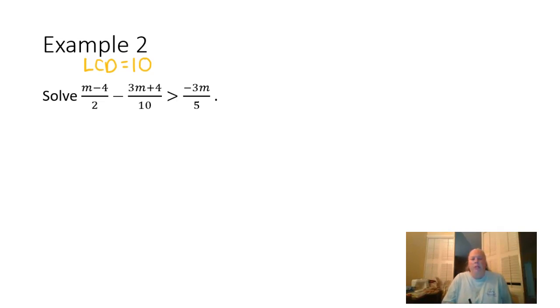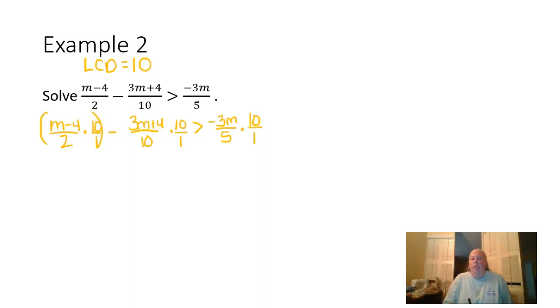So we're going to take m minus 4 divided by 2 and multiply it by the least common denominator, minus the 3m plus 4 divided by 10, multiplied by the least common denominator, greater than negative 3m over 5 times that least common denominator. Then I'm going to look at each individual pair of fractions and cancel what I can.